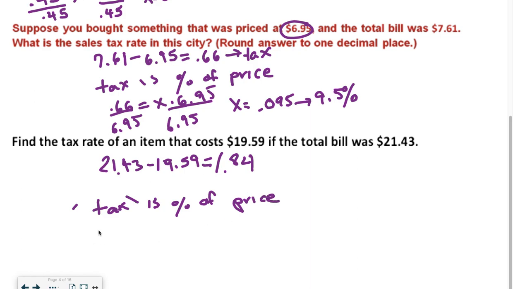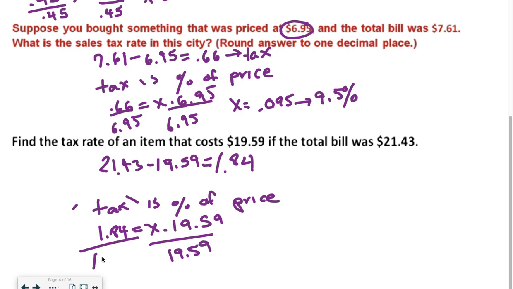So the tax would be $1.84 is what percent of the $19.59 item. Divide to get x by itself, and we get 0.93, which is 9.3%.